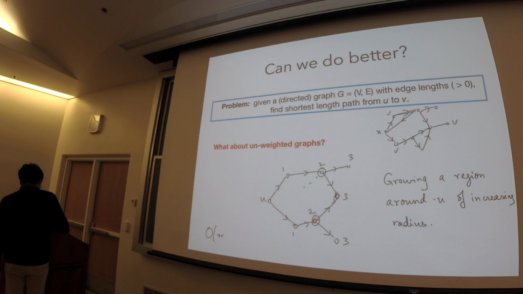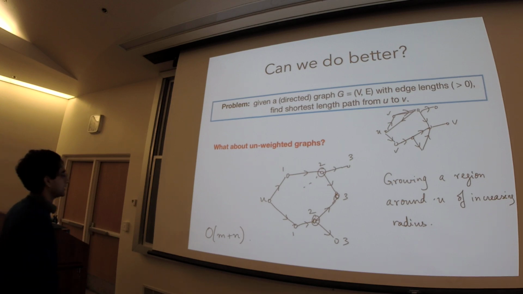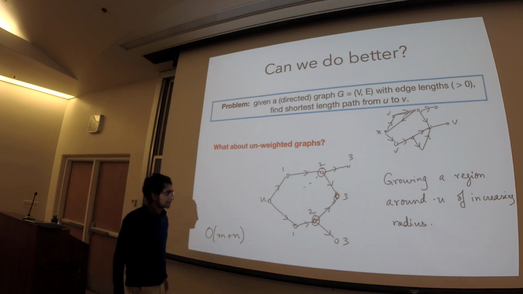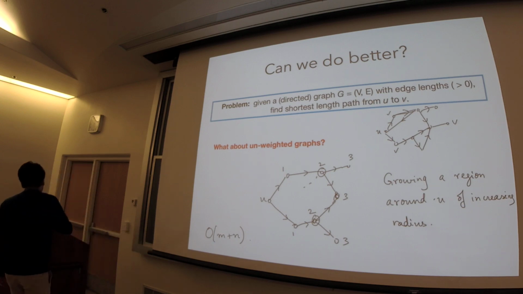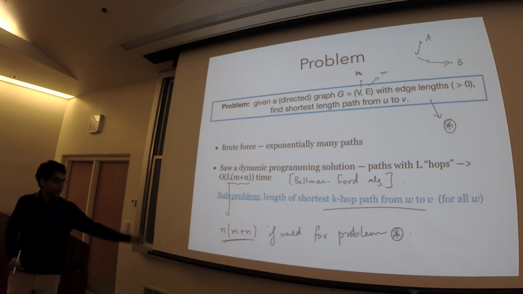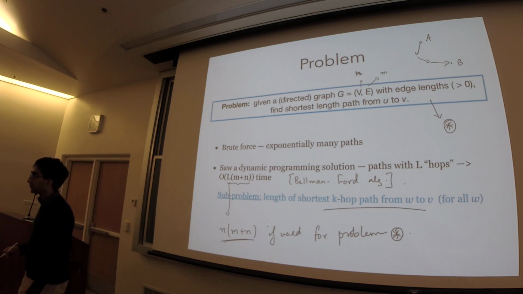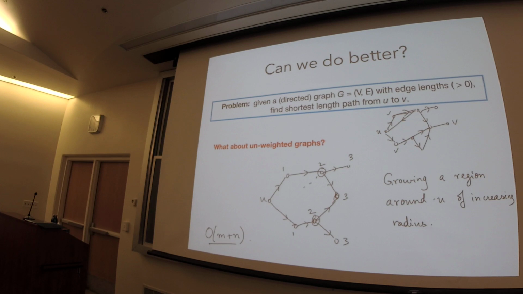So let me write m plus n, because you see every vertex also and you maybe do some processing. Alright, so this is the running time of basic breadth first search. Right? So this is much nicer. This is a factor n better than this. So here it was n times m plus n, now you're able to do it in only m plus n. So you save potentially a factor that depends on the number of vertices in the graph, which could be huge.